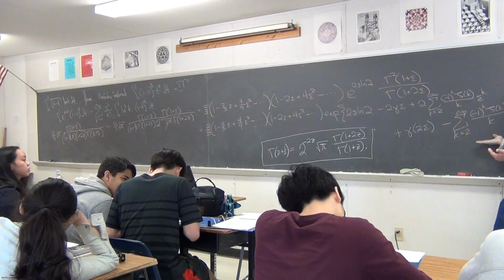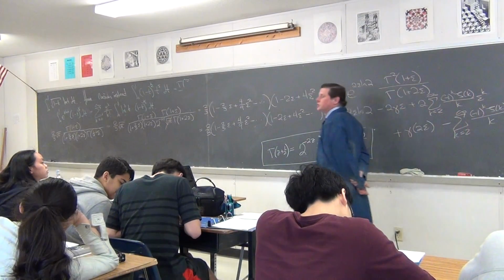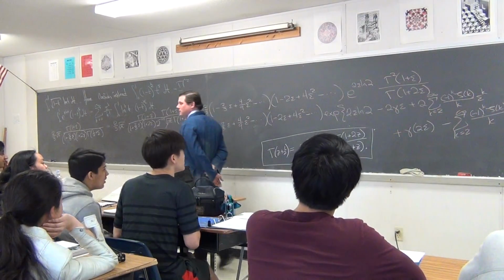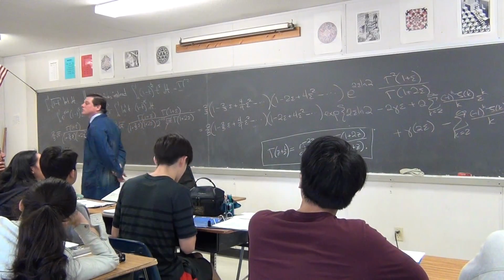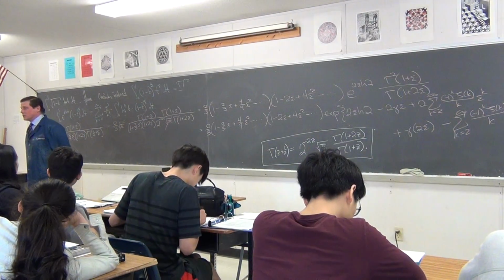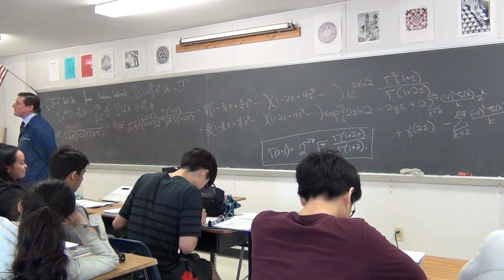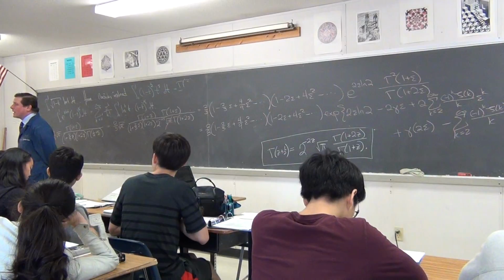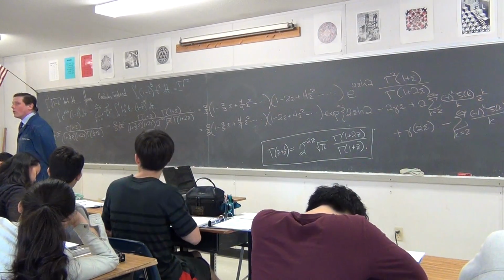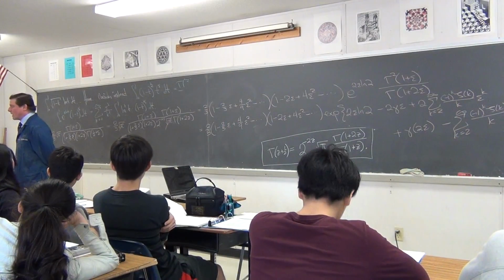All right. What happens to the Euler-Mascheroni constant? Cancels out. That almost always happens when you have a beta function. The beta function almost always sees the Euler-Mascheroni constant vacate the premises.